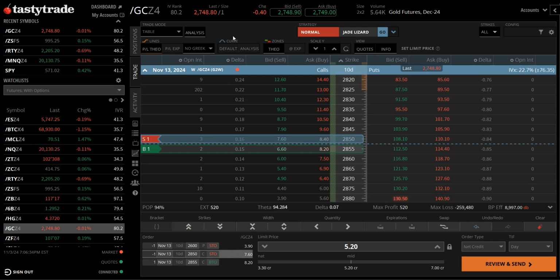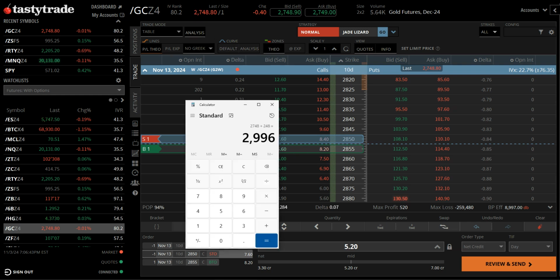If it goes like $100 to the upside or $150 to the downside, and if you do the math, 2,748 divided by 2,600, gold needs to drop 5.7% in the next 10 days for you to reach the 2,600.